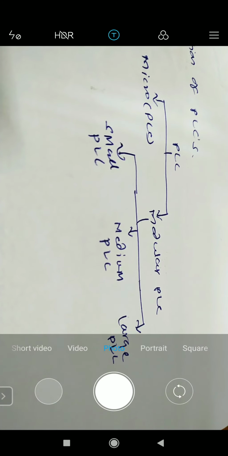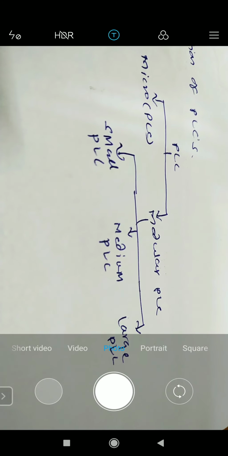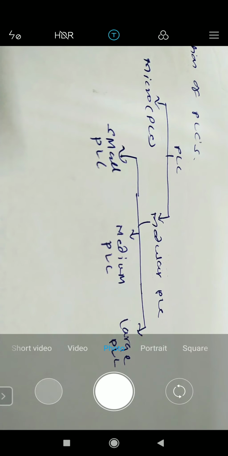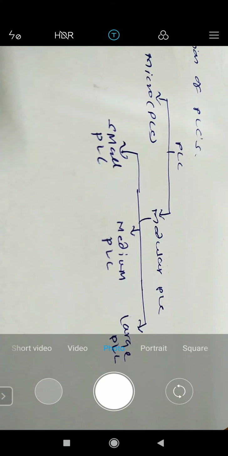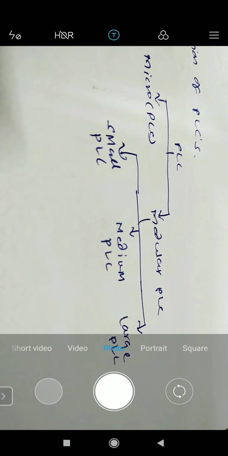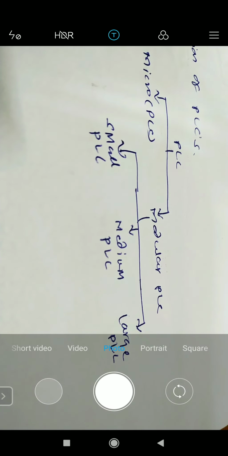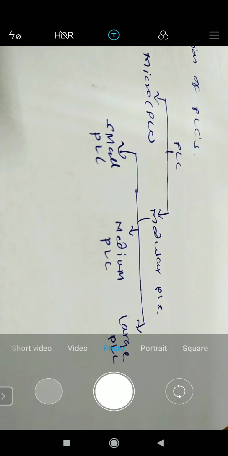Suppose you provide 5 inputs, then at the output side you also require 5 outputs. If you are providing 5 field devices as input, then at the output side we also require 5 output devices. So this is called a fixed PLC, or it is also called the micro PLC.